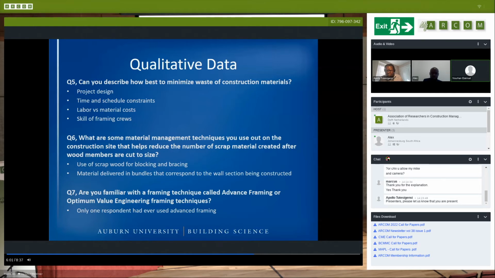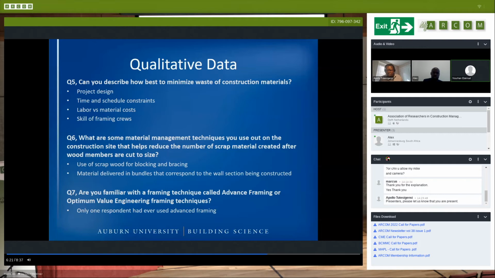And then the 4th item was having skilled framing crews. In other words, training and also retaining skilled framing crews was seen as a primary factor in minimizing waste.